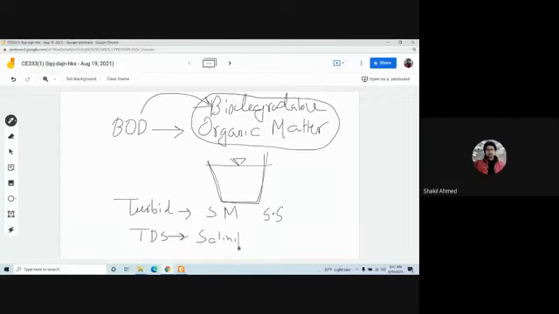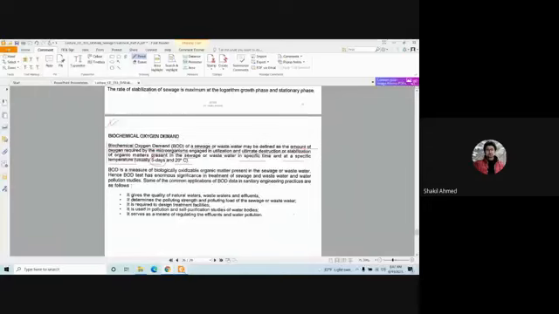So similarly, what does BOD represent? Biodegradable organic matter. So BOD is a measure of biologically oxidizable organic matter present in the sewage or wastewater. Hence, the BOD test has enormous significance in treatment of sewage and wastewater and water pollution studies.